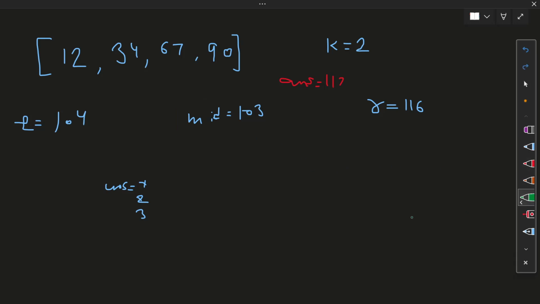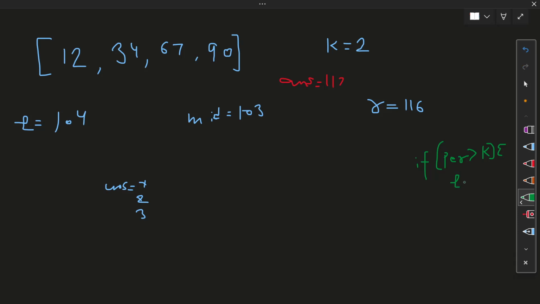So now what's the logic? If required persons is more than k, so we require three persons to read 103 pages. So this is not the correct answer.